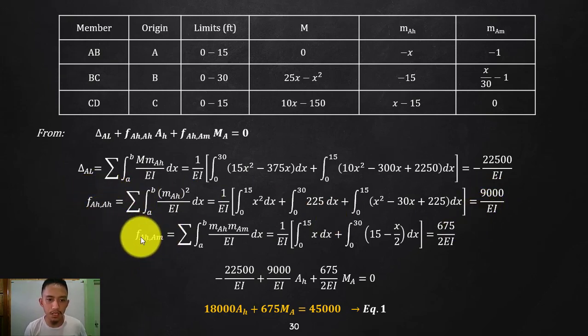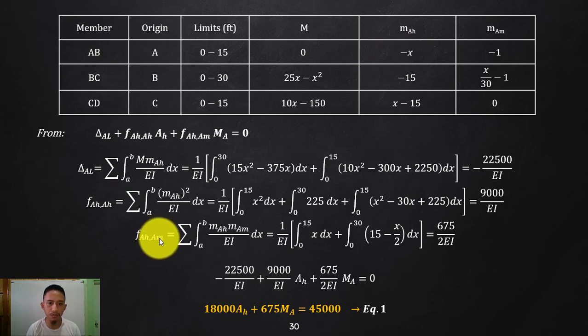I will proceed here with the next, which is FAHAM. That AH stands for horizontal displacement or deflection at A. So I will be considering there my virtual load, my unit load, as the horizontal, which is this equation, due to the moment.